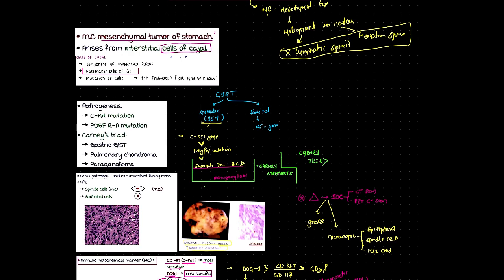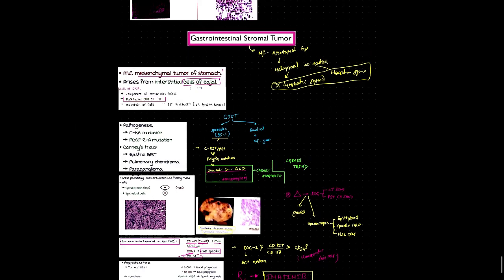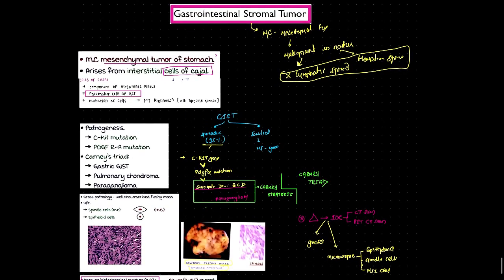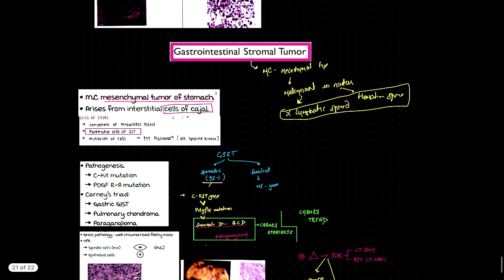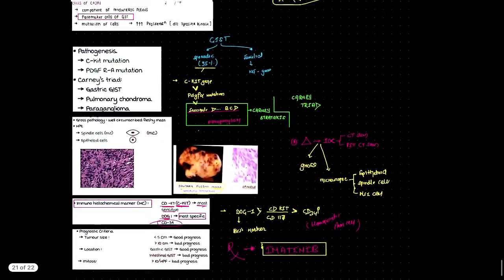In a nutshell, this happens because of increased activity of tyrosine kinase, and that causes increased cell proliferation, and increased cell proliferation will eventually cause cancer. That's all. Yes, this much for gastrointestinal stromal tumor. We came through all these things.